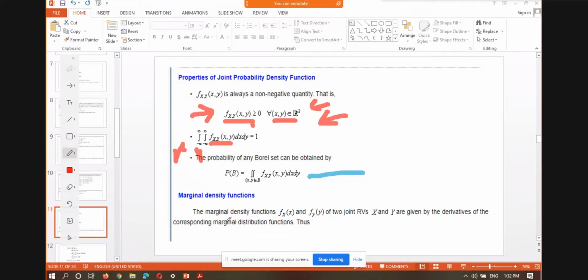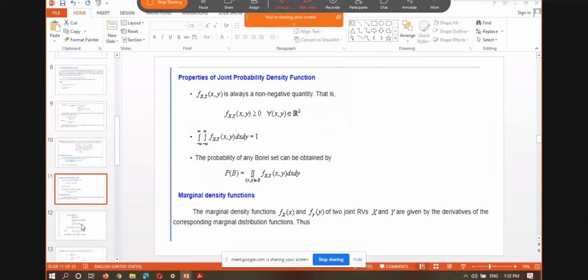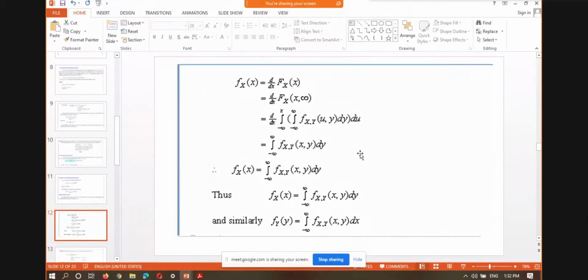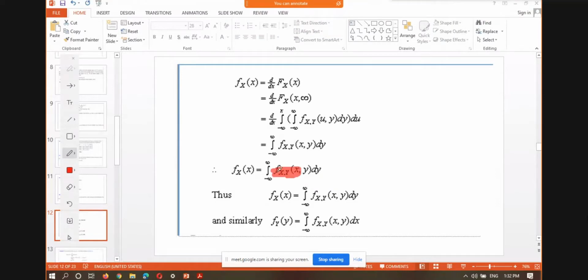Then we can calculate the marginal density function from this joint probability density function. You will see the formula here. If I have the joint probability density function and I integrate it with respect to the variable y from minus infinity to plus infinity, then I will get the marginal density function for the random variable x.